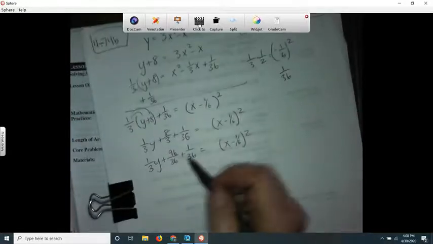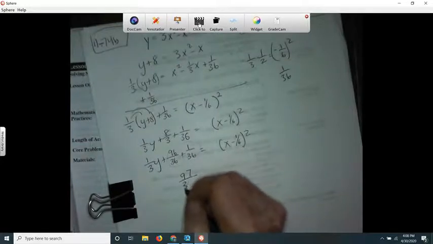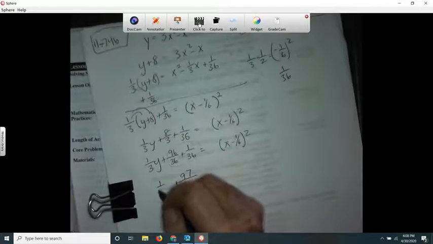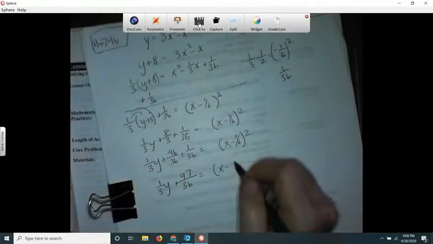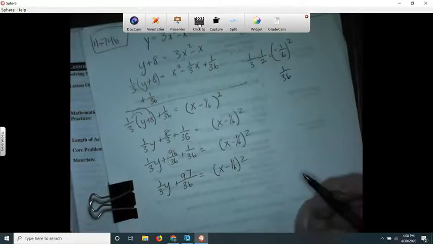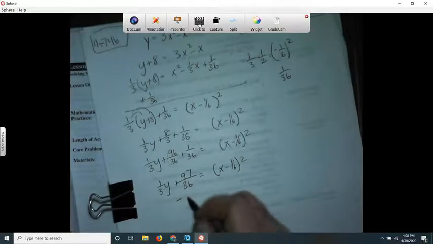So when I add these together, I get 97/36. And then I'm going to subtract it from both sides.